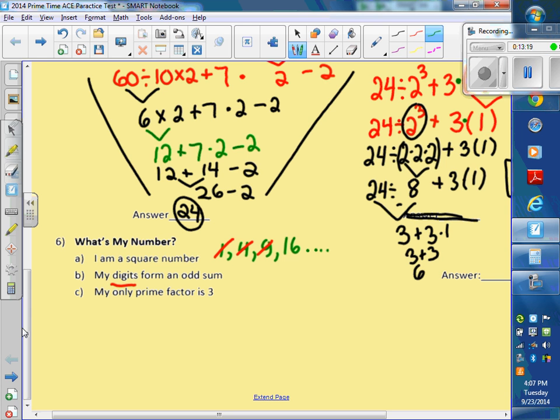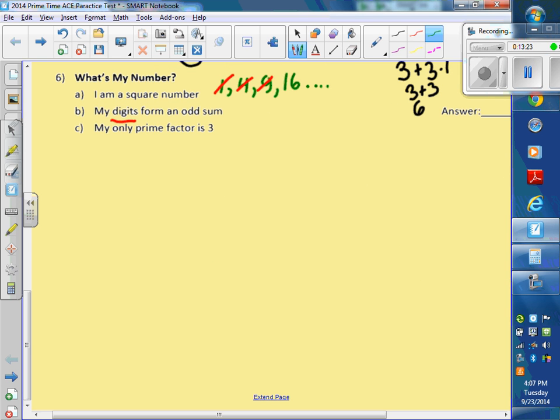The other strategy is to use the last clue and look at what it says. My only prime factor is 3, so the number has to either be 3 or 3 times 3, so that would be 9.